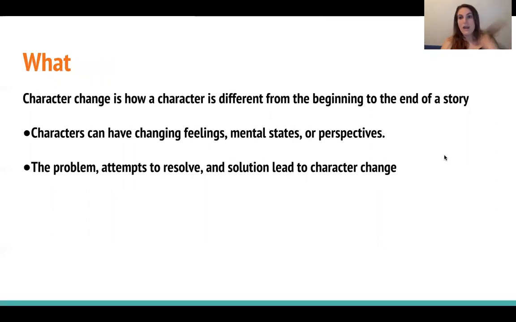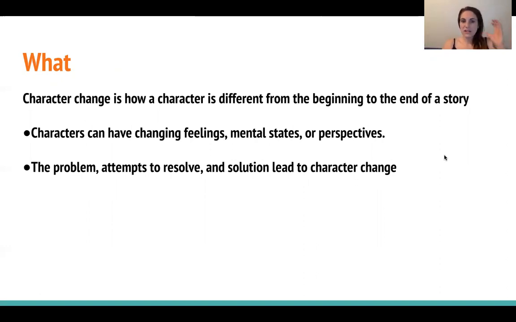Okay, so how we do that is we think about character changes, how a character is different from the beginning of the story to the end of the story. So characters change. If characters stayed exactly the same, they probably wouldn't be super interesting. And I think the most interesting characters that I've read about in stories have always been characters that had a significant change from the beginning to the end of the story.